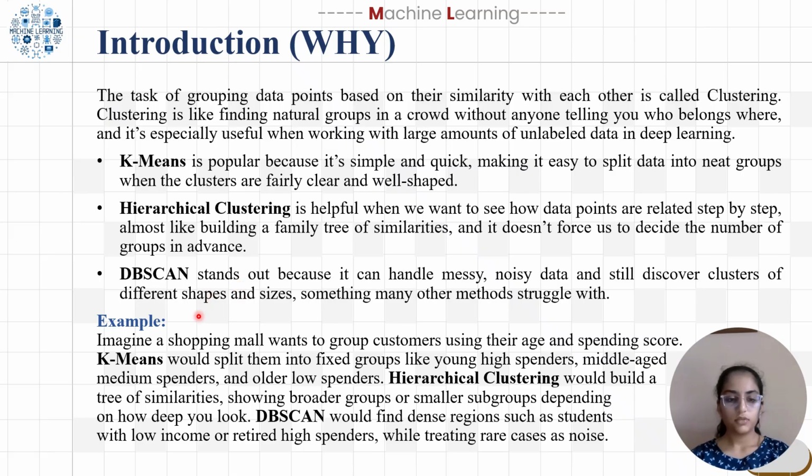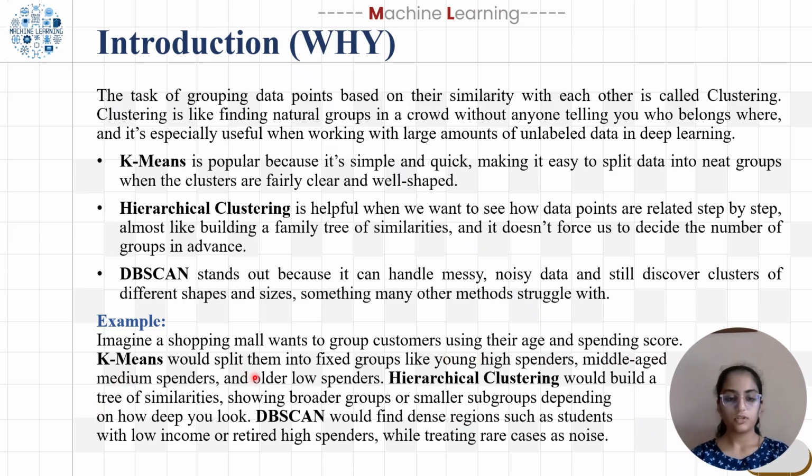Here we can go through an example in which all three types are explained in short. Imagine a shopping mall wants to group customers using their age and spending score.